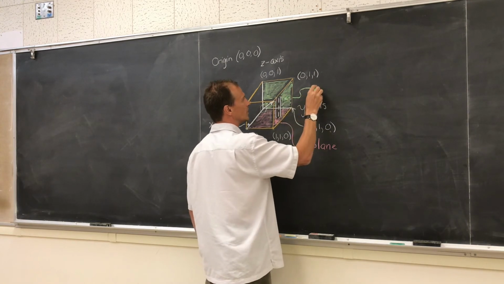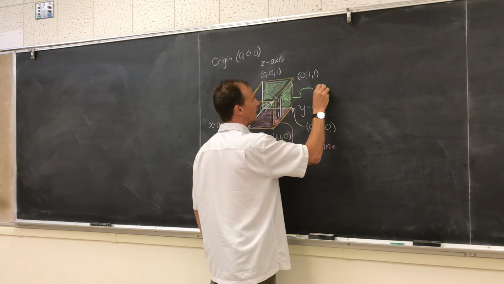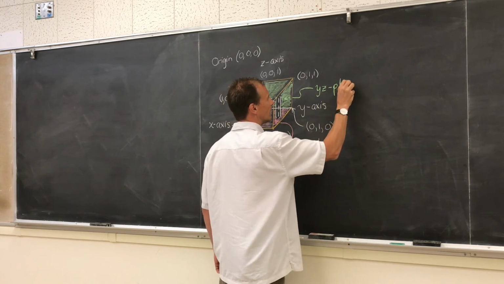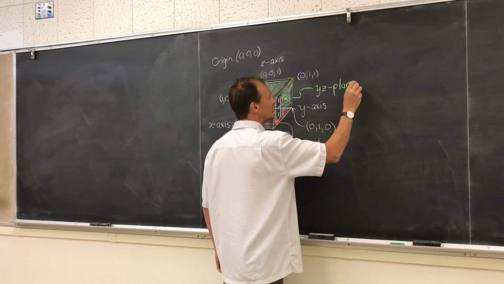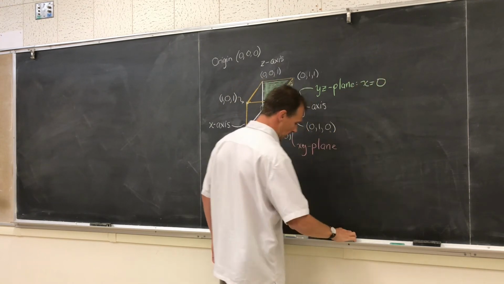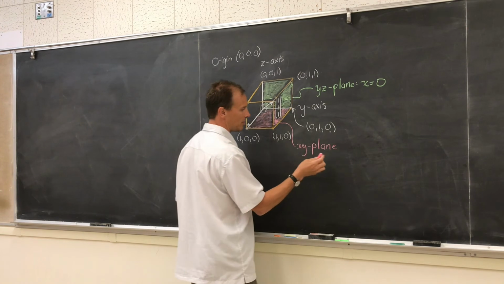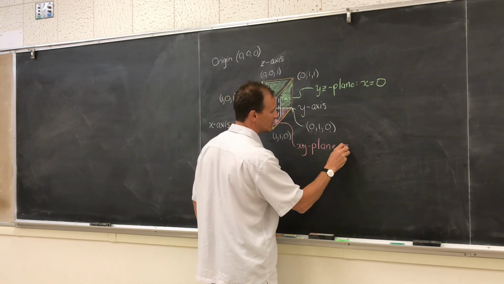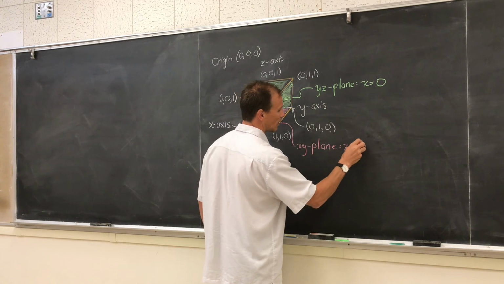This is the yz plane. And let's make a note: in the yz plane, all x values are 0. And in the xy plane, all of the z values are 0.